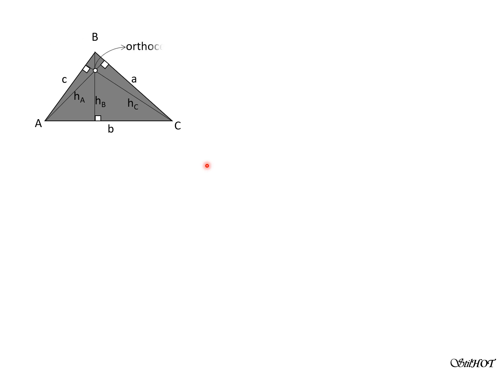And if we have the medians, the centroid, and the circumcenter, those are the medians. That's the centroid. And finally, we draw a circle circumscribing the triangle, and we draw perpendicular bisectors of the sides, or we simply locate the center of the circumscribing circle.